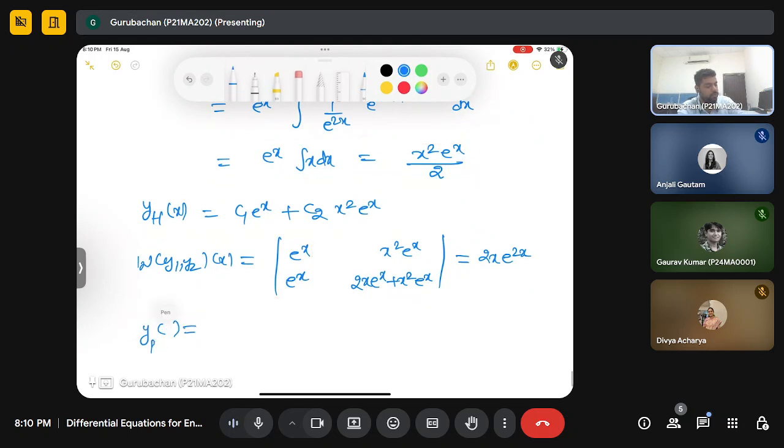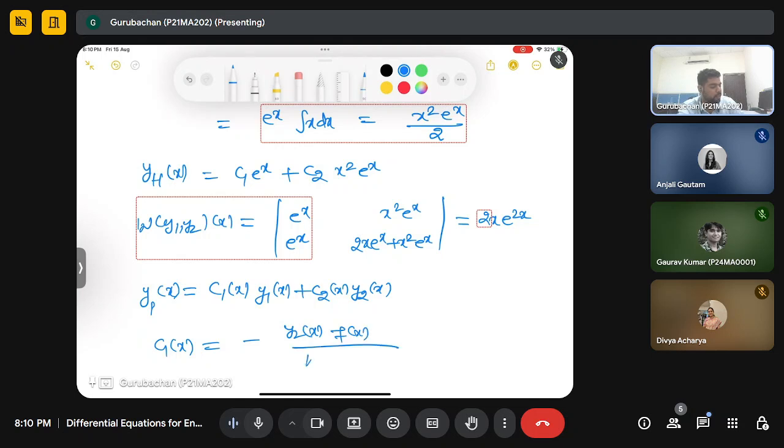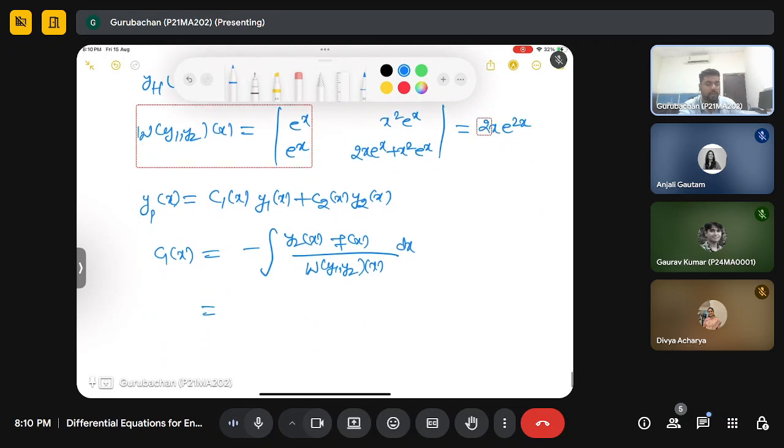The particular solution is C1(x) y1(x) plus C2(x) y2(x), and C1(x) is integral of minus y2(x) f(x) divided by Wronskian of y1, y2 at x dx. And since the constant is again going to take 0, I'm not writing it.